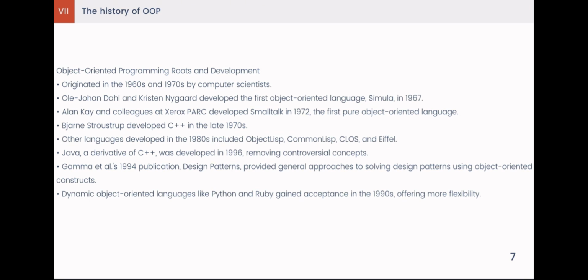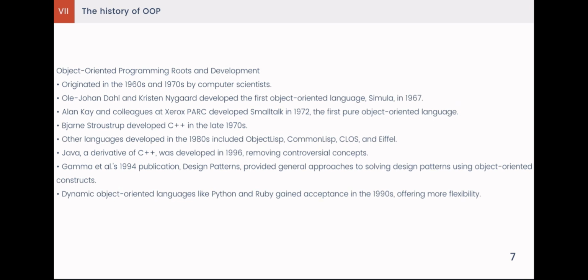Simula introduced the concepts of classes, objects, inheritance, and polymorphism, which are the core features of OOP. Another influential figure was Alan Kay, who, along with his colleagues at Xerox PARC, developed the language Smalltalk in 1972.